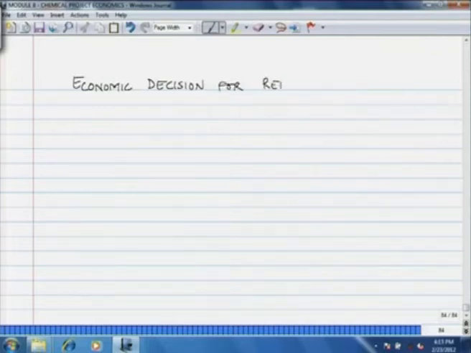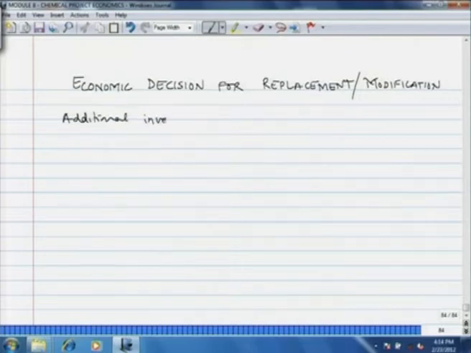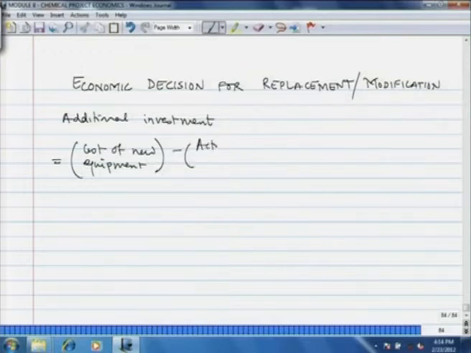For replacement or modification, the additional investment for the modification or replacement will be the cost of new equipment minus the actual market value of the equipment that we are trying to replace.